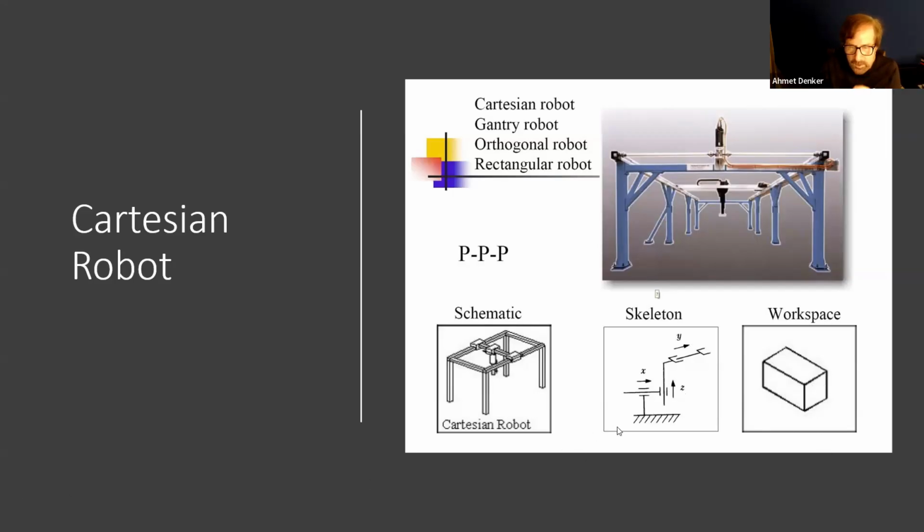So we are going to use schematics, graphical representation, skeleton, graphical representation. Or if I just give the workspace to you, you can tell me what type of kinematic structure the robot has got. This is now called kinematic structure.